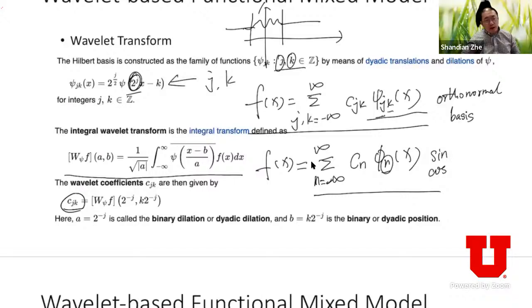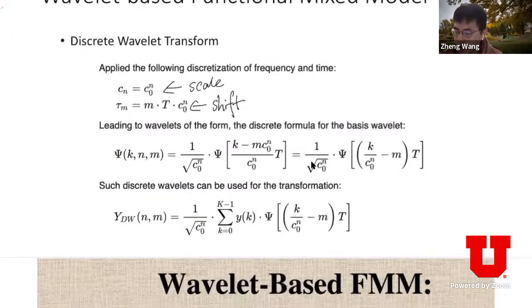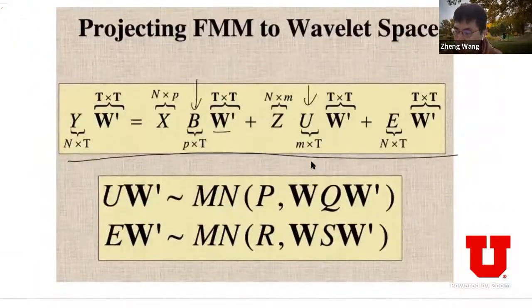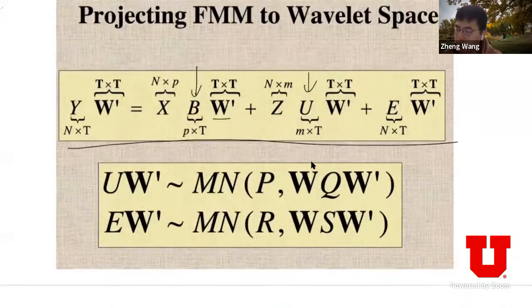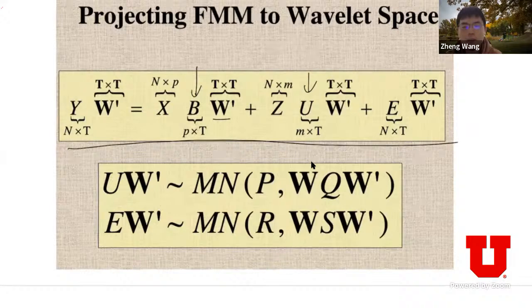So they will see jk as a function of a and b or something. I think it might be the time. I didn't recall the details of this formulation here.